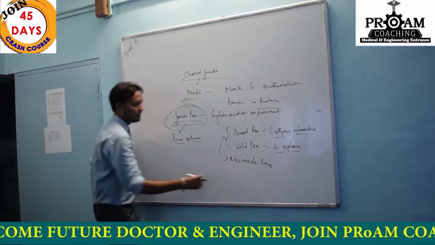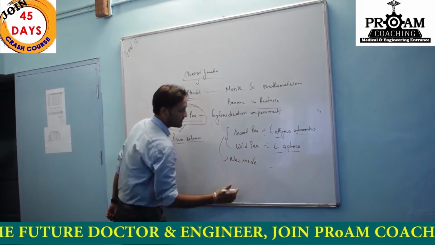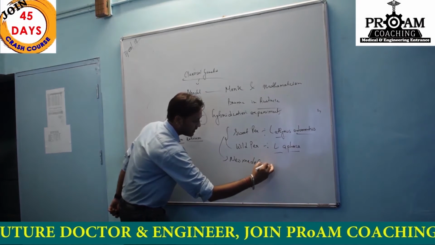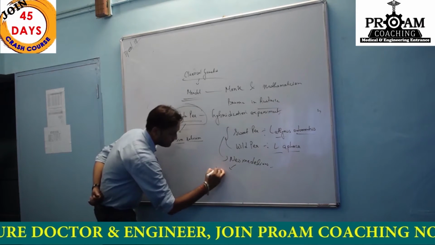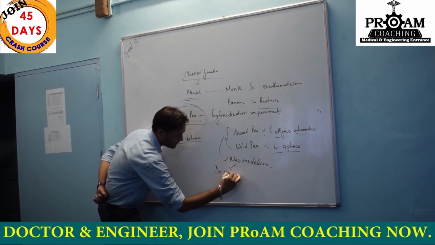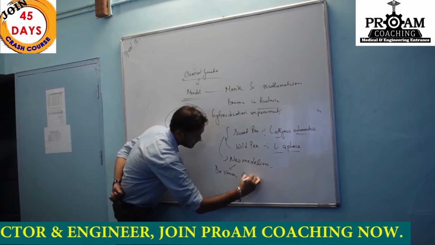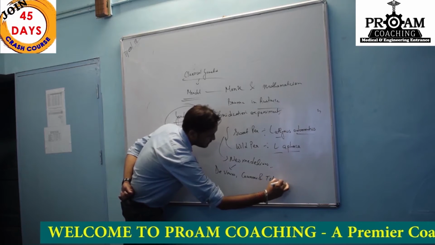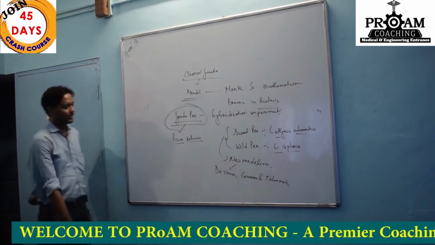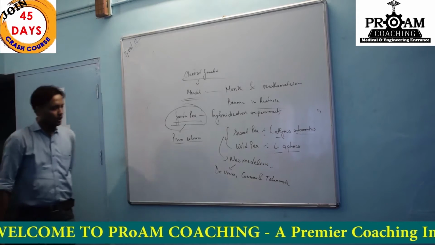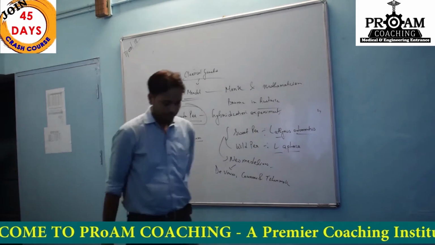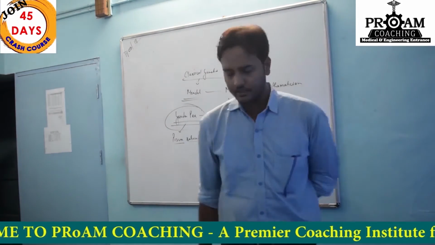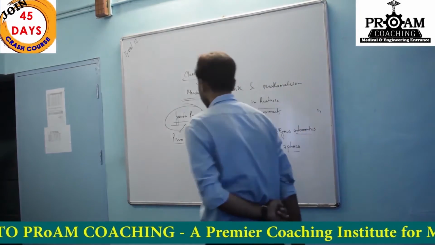Tell me the names of those scientists such as De Vries, Correns and Tschermak. De Vries, Correns and Tschermak. They are considered the neo-Mendelians.